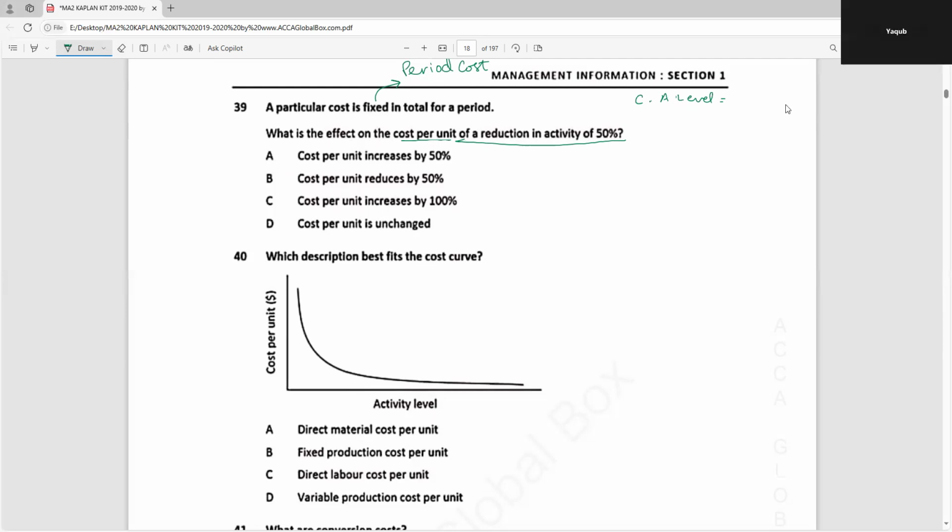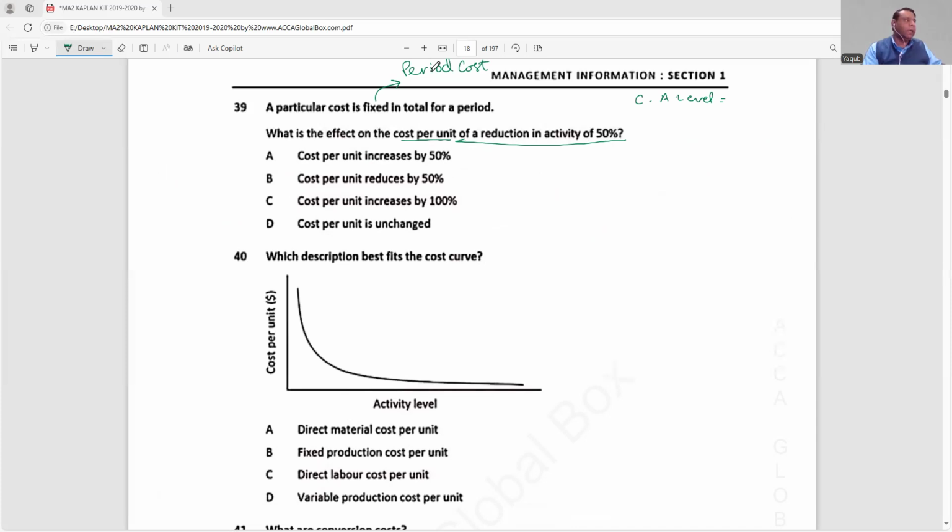Activity level is the number of chairs, tables, laptops, calculators, or cameras we are producing. We are consuming this much teaching hours to complete our course. Whatever activity we are producing or performing is called activity level.